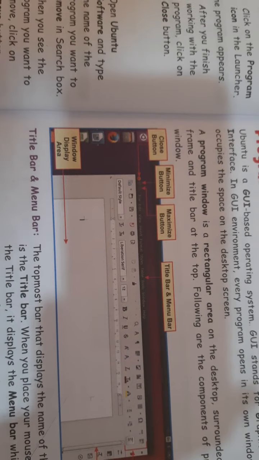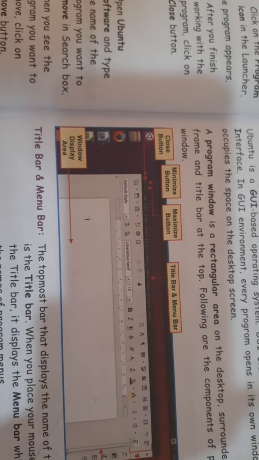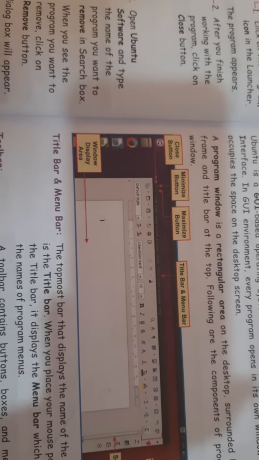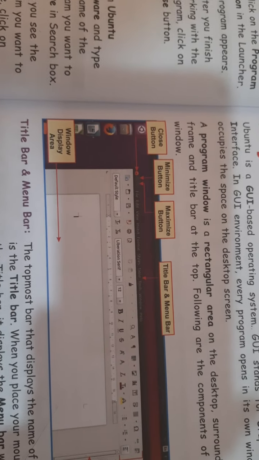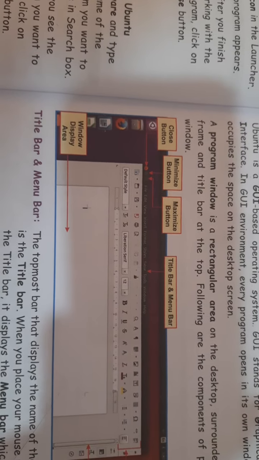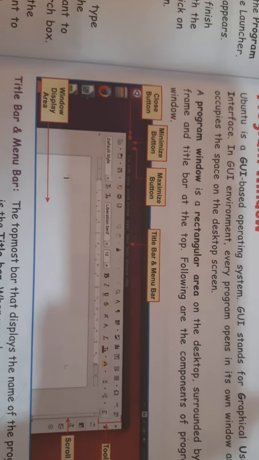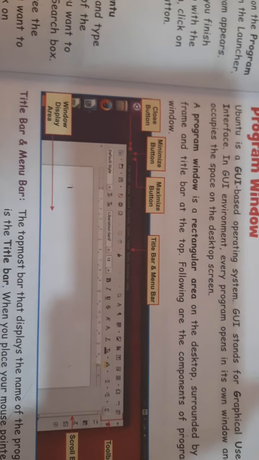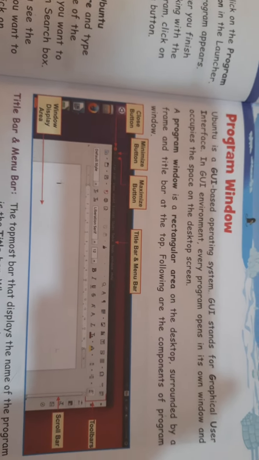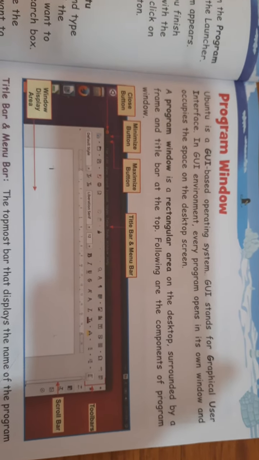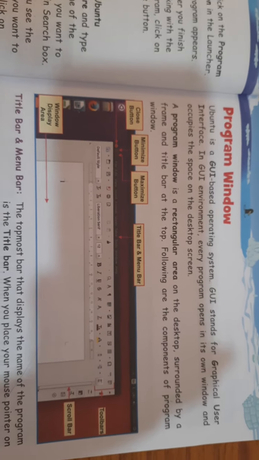Minimize button is used to reduce the size of the screen, and maximize button is used to enlarge your screen. Now title bar and menu bar. Menu bar shows you various options to work with, and title bar shows you the title of your file.